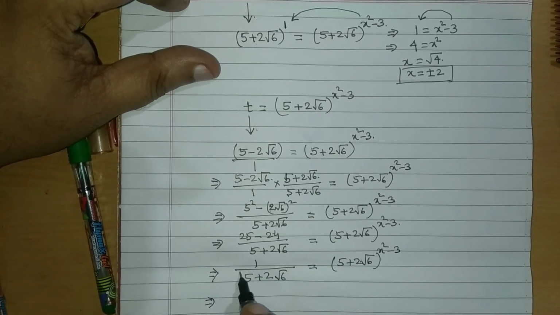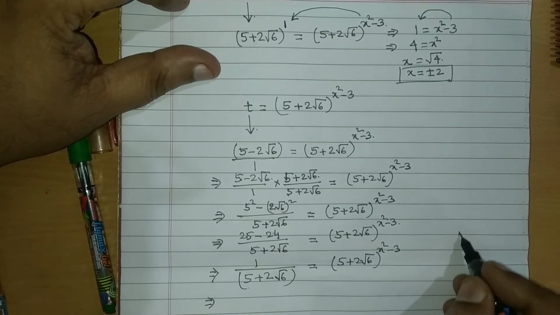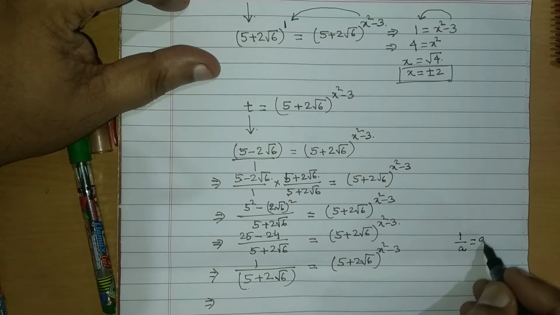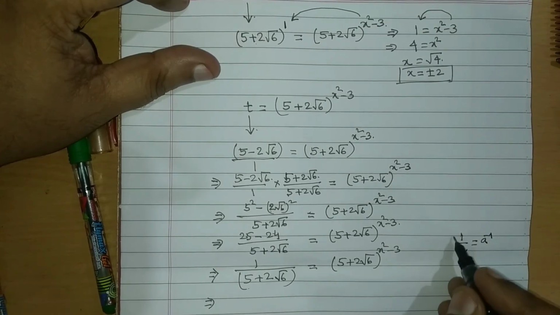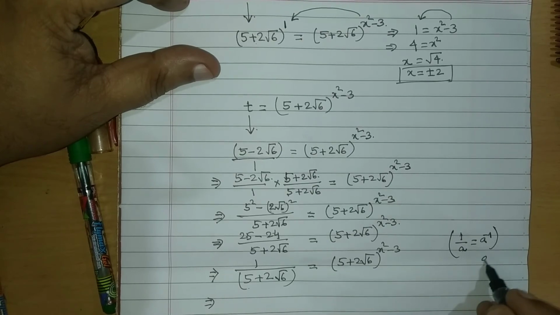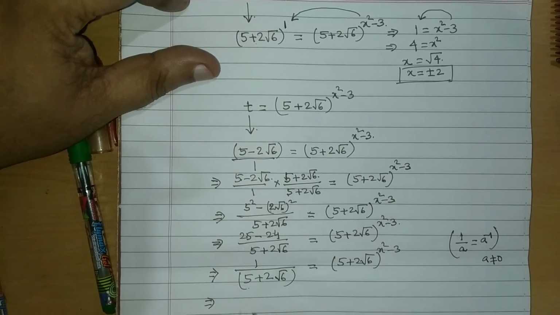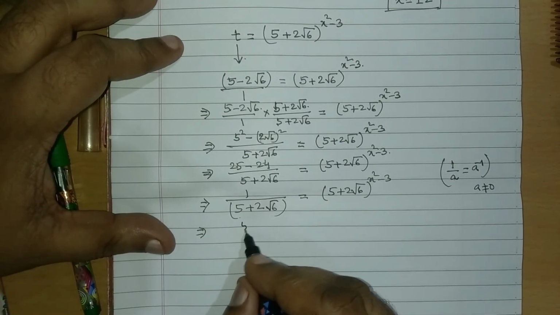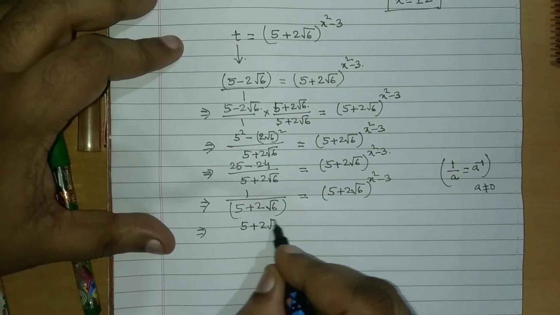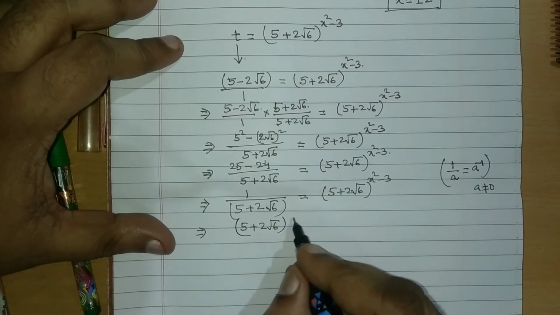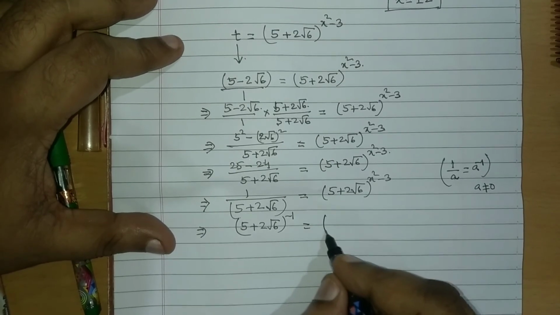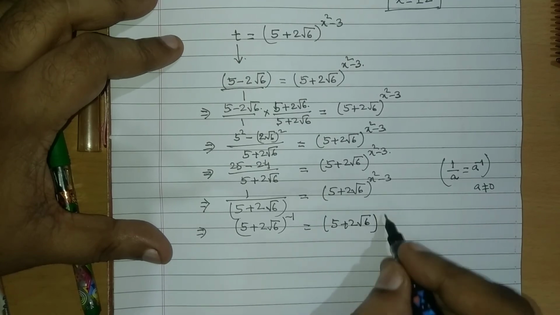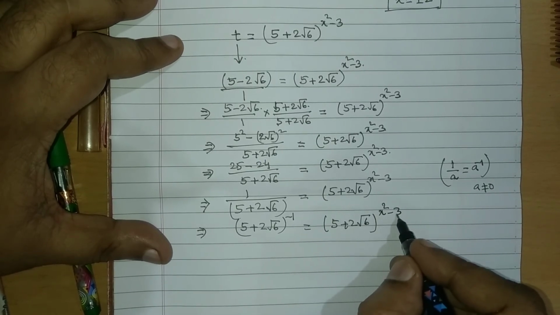And now if we take 1 by a, it means a to the power minus 1 when a is not equal to 0. This is the index rule, as you know. So this can be written as 5 plus 2 root 6 to the power what? Minus 1, and here 5 plus 2 root 6 to the power x square minus 3.